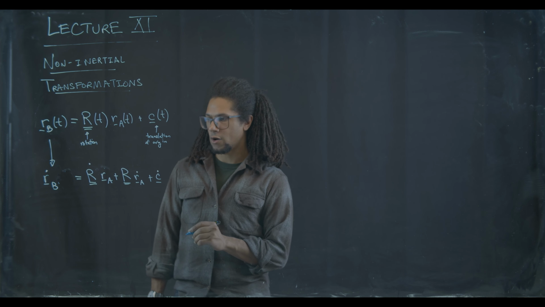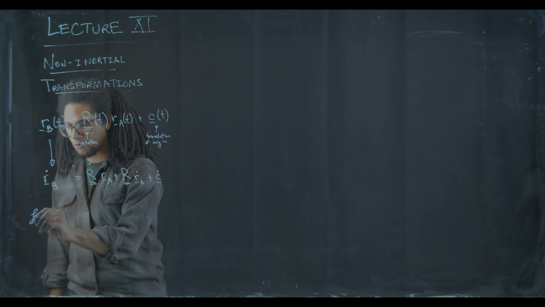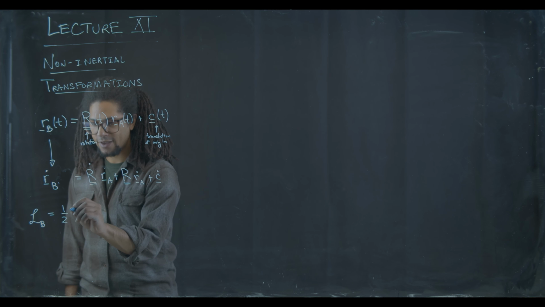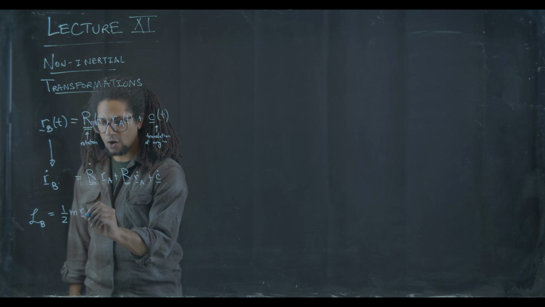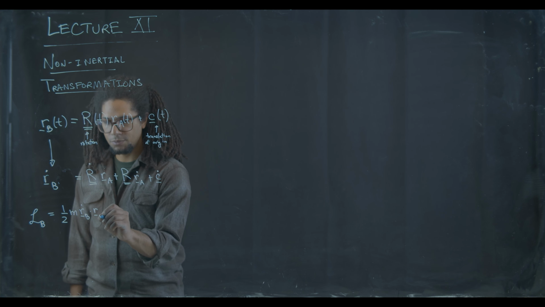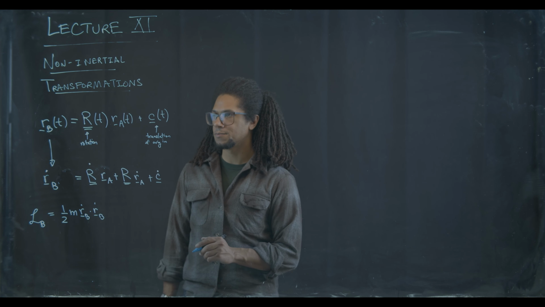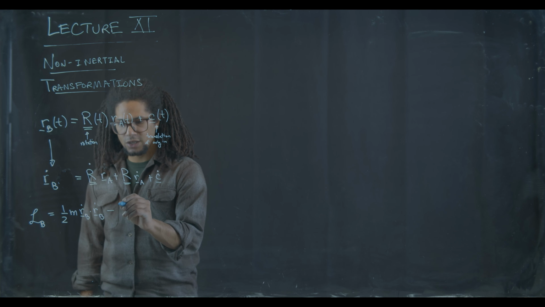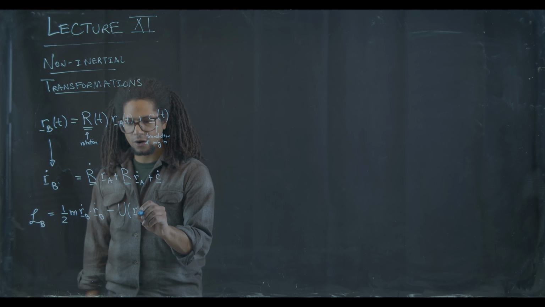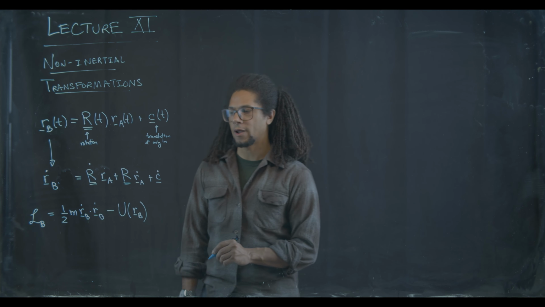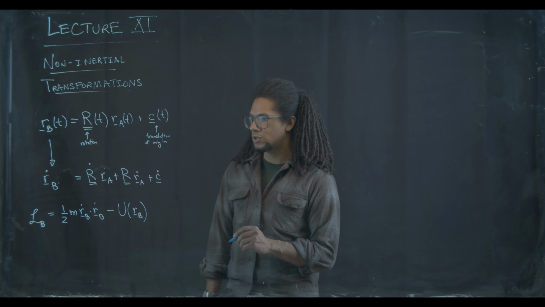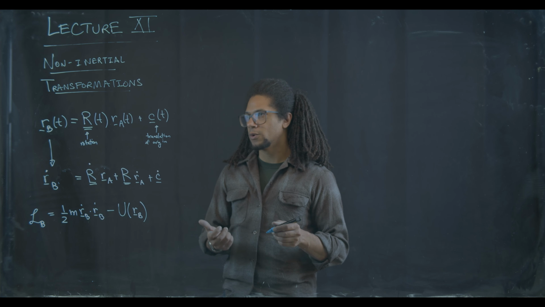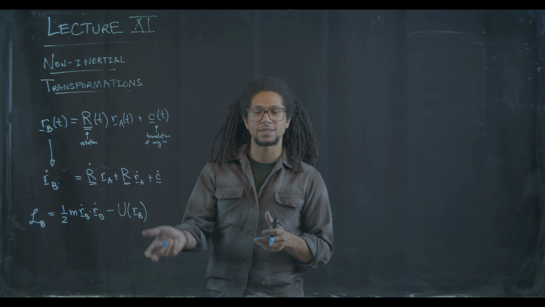Good. Okay, now the Lagrangian in reference frame B is equal to 1/2 m RB dot RB dot to show what's going on here. Then minus, I'm going to just say U of RB. All right. So we're not going to really be able to do very much with this potential term, which is unfortunate, but there's nothing more to say.